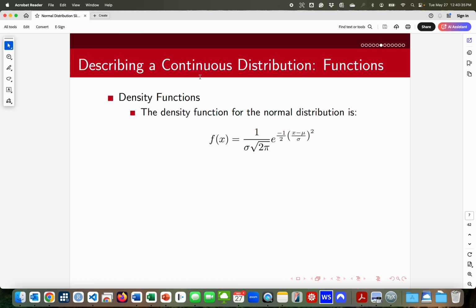The normal distribution can be described with two parameters, mu, which is the mean, and then sigma, which is the standard deviation. And I'll talk about these a little bit later. I'll have some examples on what happens if we shift mu or sigma and how that actually changes the underlying distribution of that random variable.